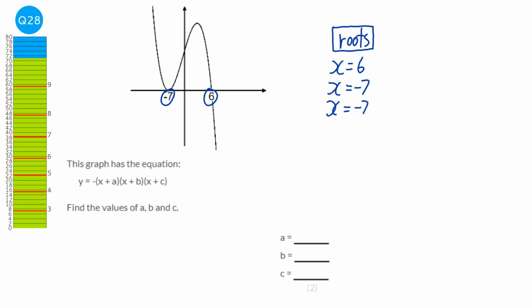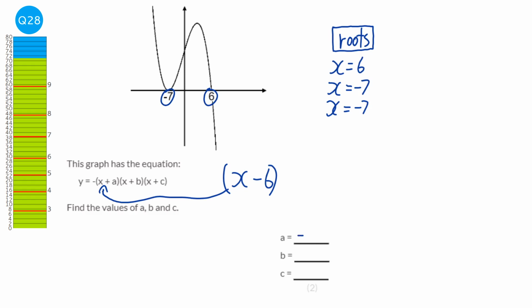Well, if we put A at -6, we get x - 6 in that bracket there. And if we put in the value of 6, then it's 6 minus 6, which is 0, and so the whole thing is 0, because anything times 0 is 0.